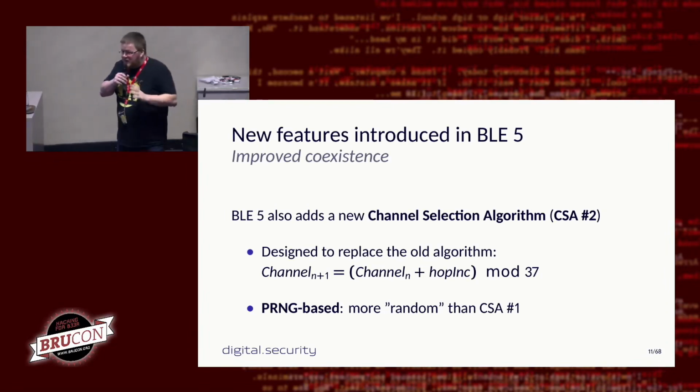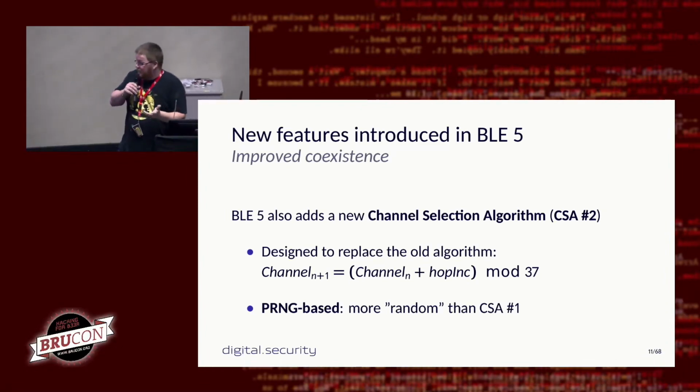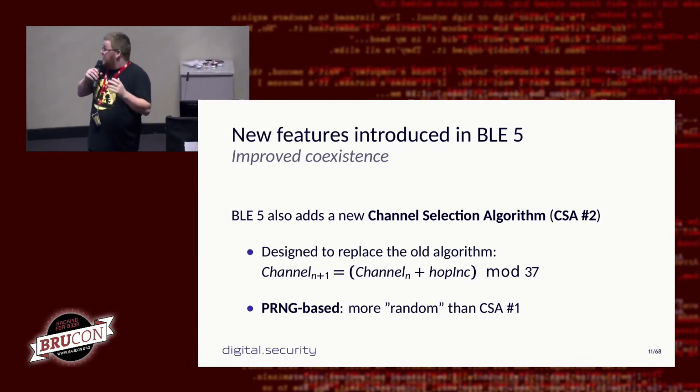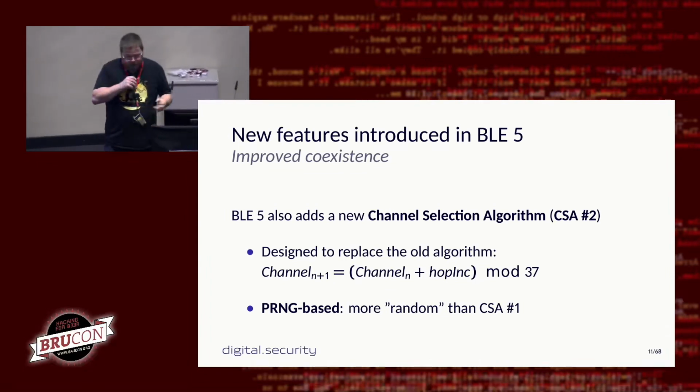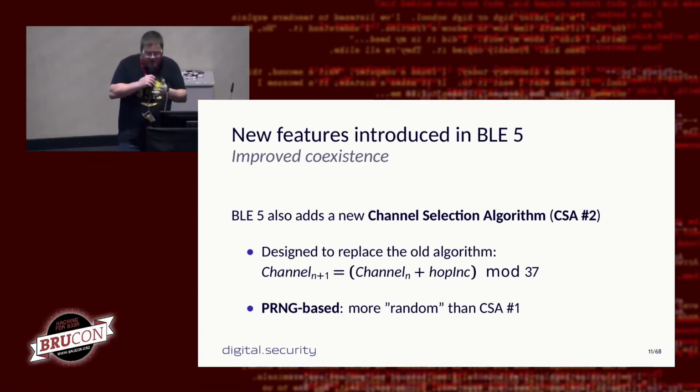This is very basic. You get the previous channel, you add some value called the hop increment, a value set up by the master who creates the connection. And then you compute the modulo 37 and you get the channel index you are going to use for the next channel. Since it's pretty basic, this also explains why in a very crowded area there are a lot of packet collisions.